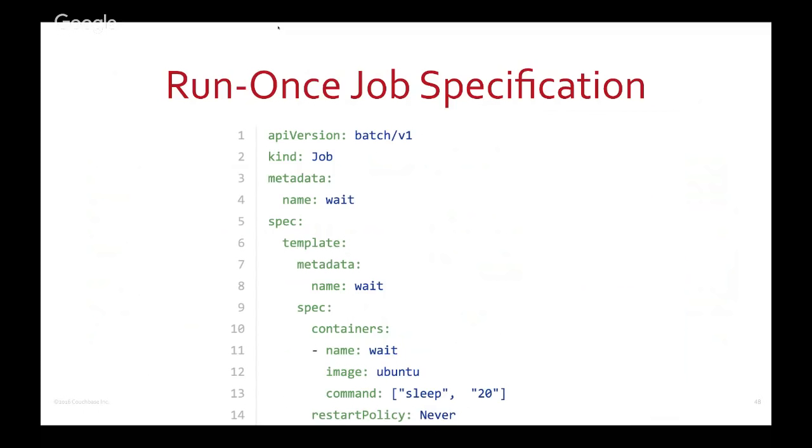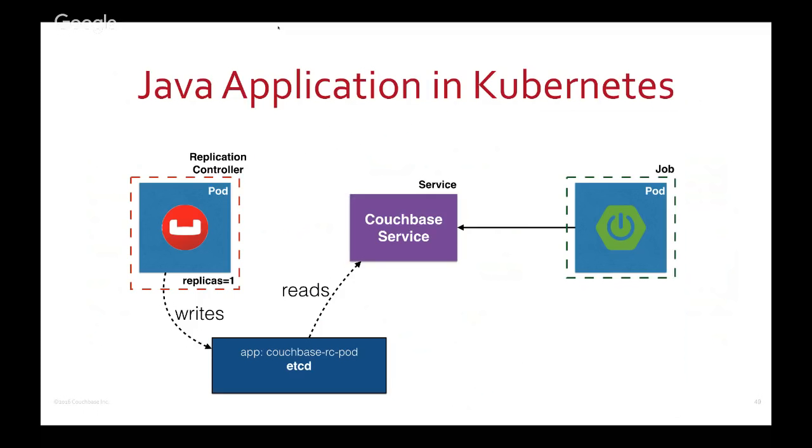So I think that's very handy. A typical example is you are running a Couchbase database, and you want to store some JSON data or fetch some information from the Couchbase database as a Spring Boot application, and you want to do this only once. And if the application fails, you want to make sure that it leads to a successful completion. So that's a run once job, essentially. And that's my example here.